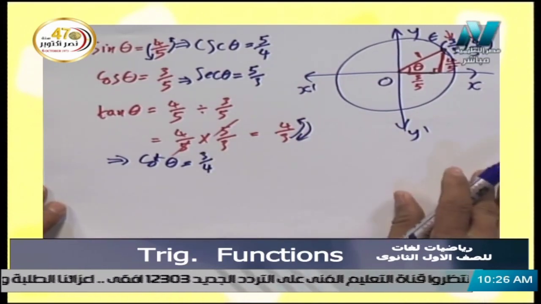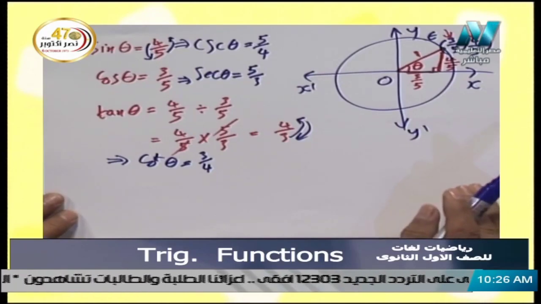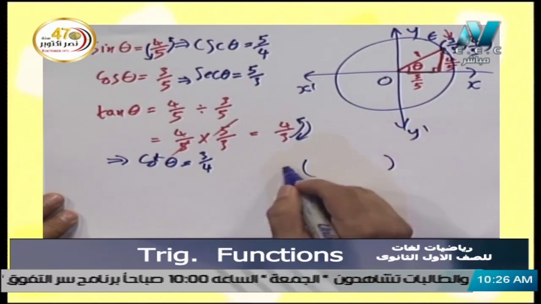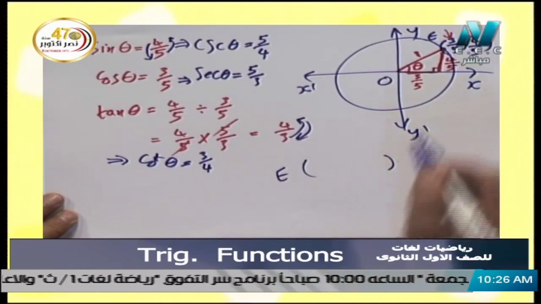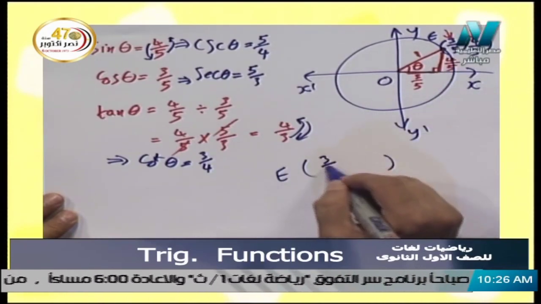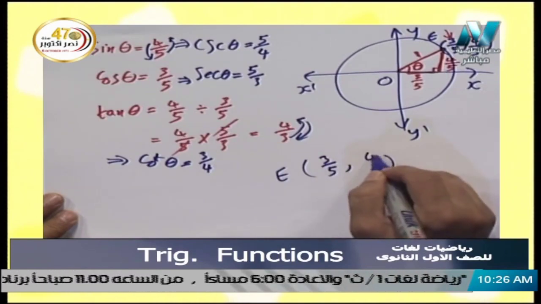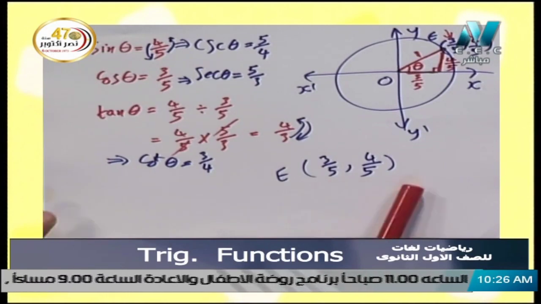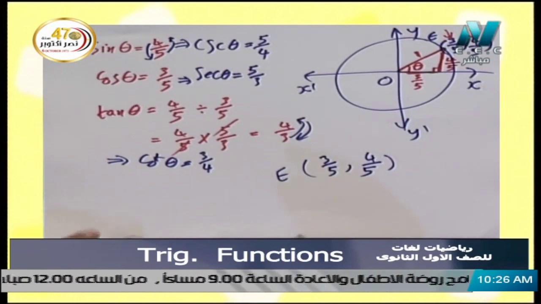Okay, so we have a point on the unit circle, this point called E as an example, and it is 3 over 5 and 4 over 5. We can from this point find the trig functions.